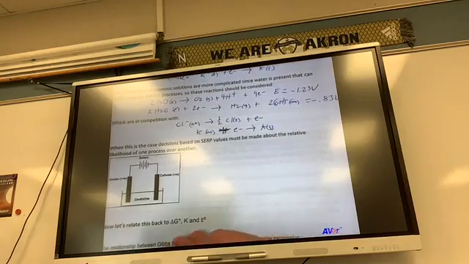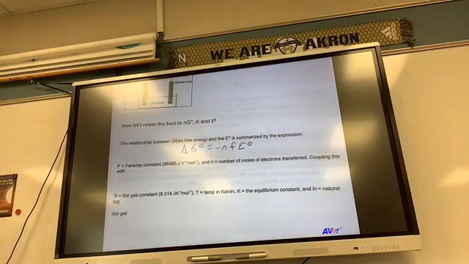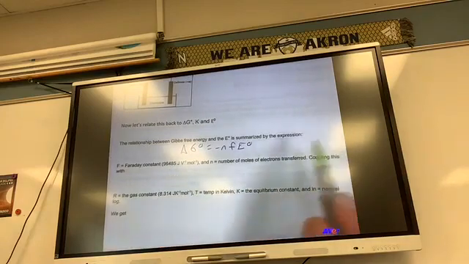The one we've learned so far is delta G, standard conditions, equals negative nFE. And we know Faraday's constant is 96,500 joules per volt mole, and n is number of moles.